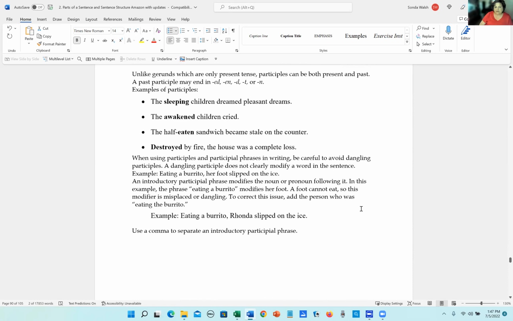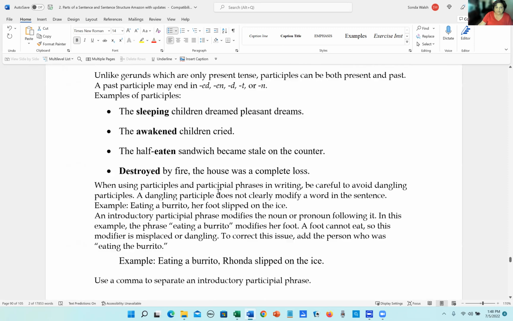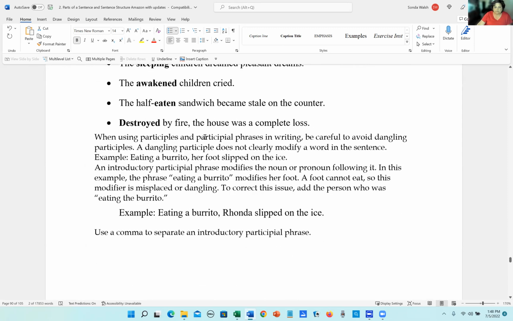So one thing you have to be careful of is your dangling participles. Oftentimes they can get kind of funny. A dangling participle does not clearly modify a word in the sentence. For example, "Eating a burrito, her foot slipped on the ice."